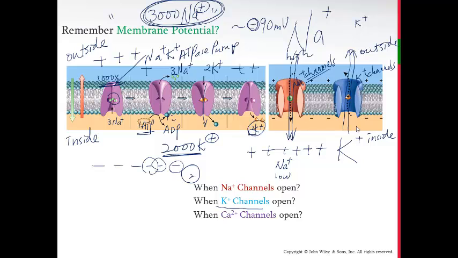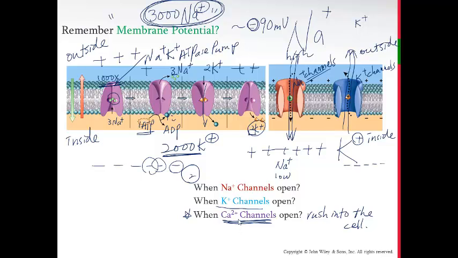Okay? So when potassium flows out, these positive charges leave, and eventually your membrane potential is going to return back to negative. Okay? So today we will also take a look at how some sodium channels open, and these tend to rush into the cell as well. Okay? Specifically in your cardiac muscle cells.